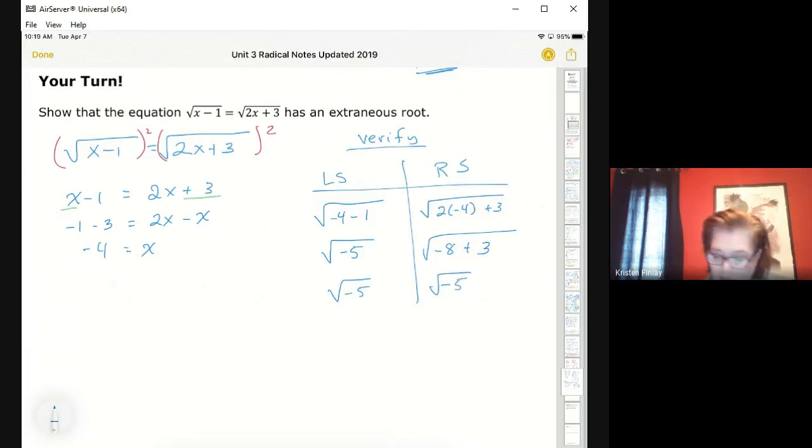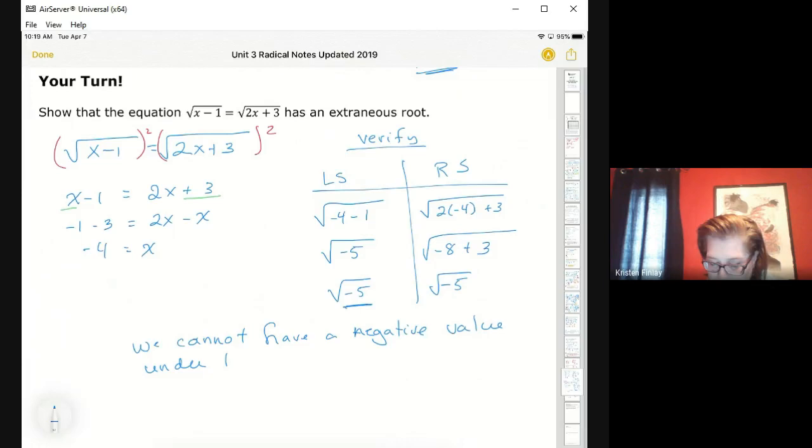Now, even though they look equal, we're getting a negative value under our radical. We cannot have a negative value under the radical.